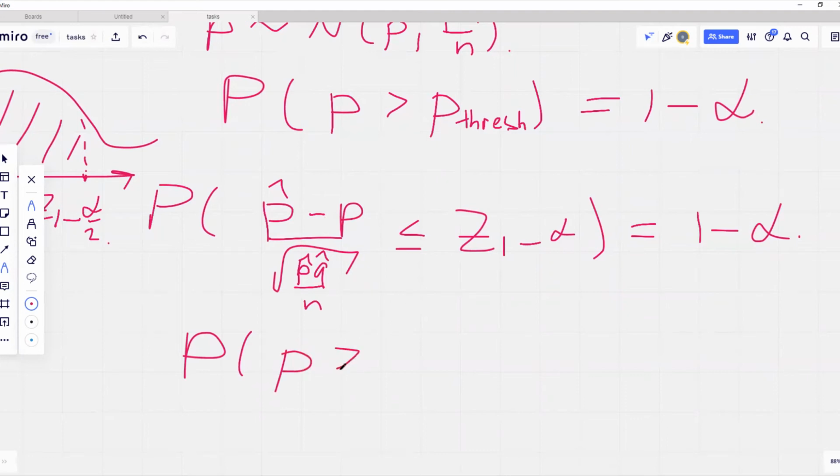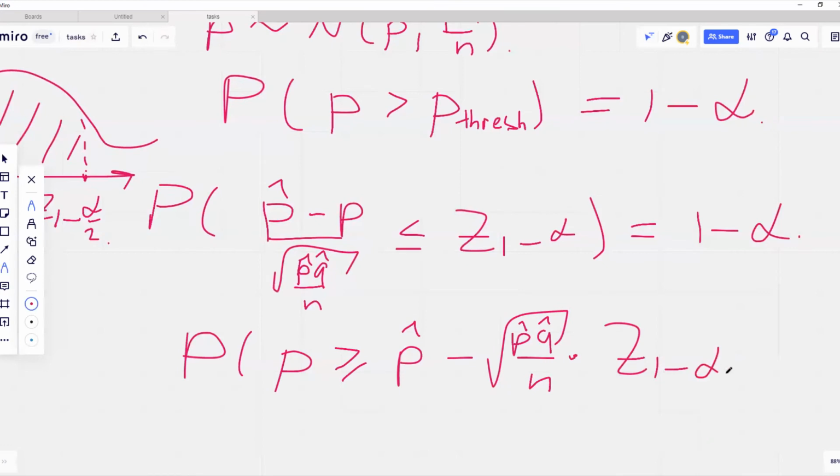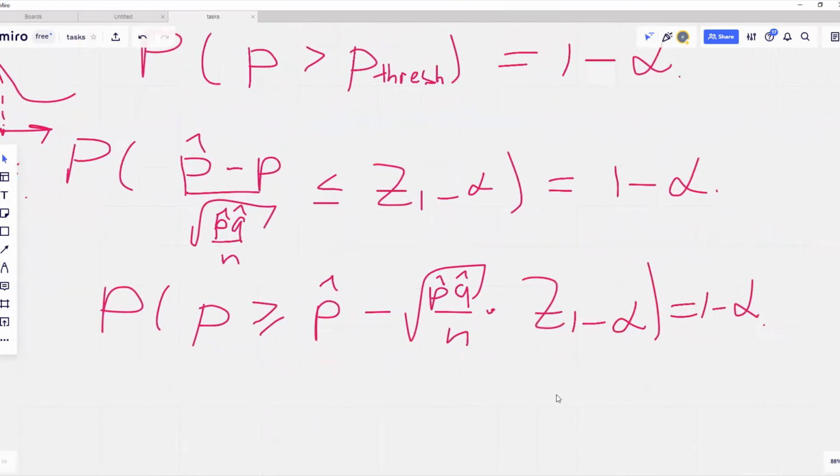We'll get P being greater or equal than P hat, in fact minus, right? Yes. P hat minus root of P hat Q hat over n multiplied by Z 1 minus alpha. So that will be equal to 1 minus alpha.